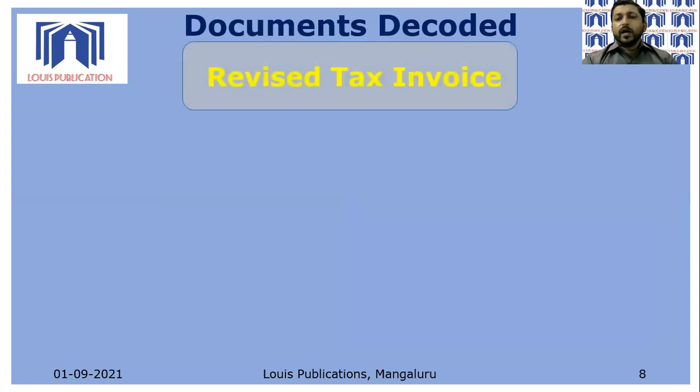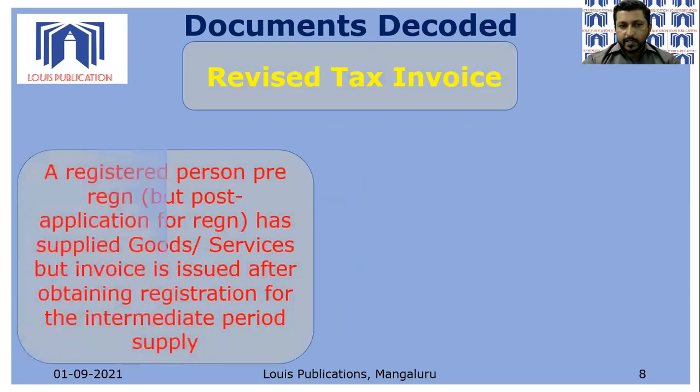Next, we talk about a revised tax invoice. This is a very, very interesting concept that we need to understand. A registered person pre-registration, that is before registration, but after he has applied for registration, still he has not yet received the registration certificate.